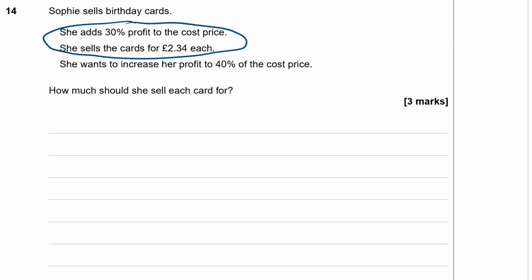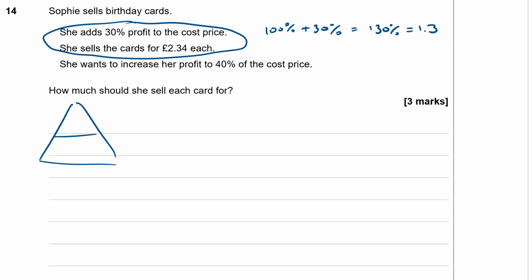So if she's added 30% to her original cost of 100%, that's 130%. Okay, which is a 1.3 multiplier. Now I tend to use a little triangle like this to work out percentages.